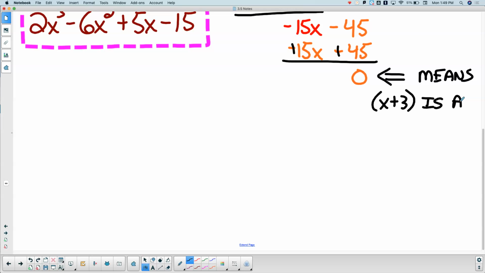But what is x plus 3? It's a factor. Had you been paying attention earlier when we did 24 divided by 4, and we said that 4 was a factor because it had no remainder. So that means that x plus 3 is a factor.